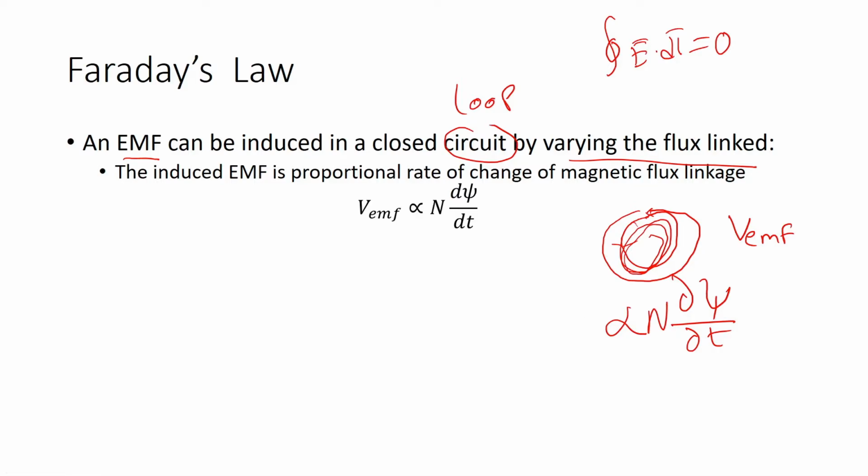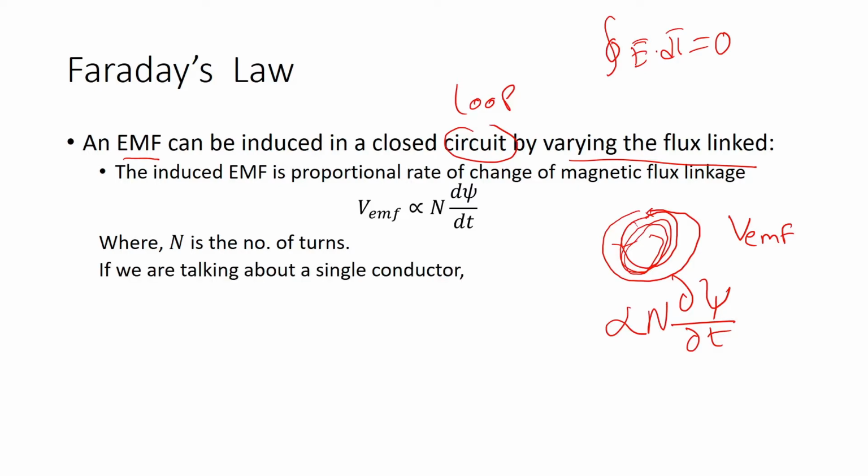The induced voltage or potential difference across a closed path was proportional to n times d psi by dt. If we are talking about a single loop, then n would be equal to 1. So therefore, EMF is proportional to d psi by dt. This was observed by Mr. Faraday.